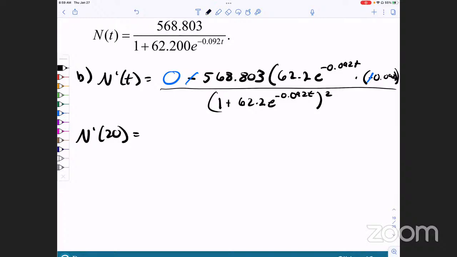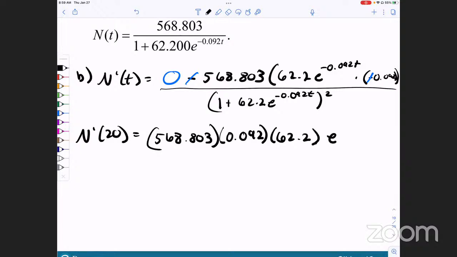So if we shift things around, we're going to have this 568.803 times e to the negative 0.092t, right? Those are the numbers that we need to crunch. I'm just not going to crunch them right this second.